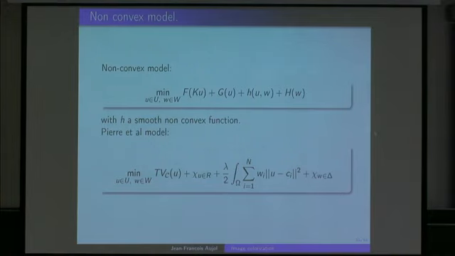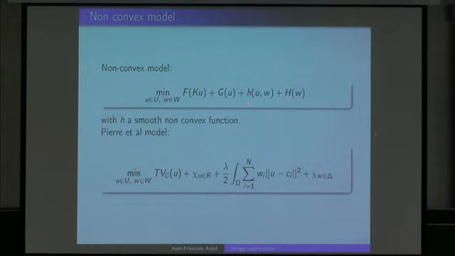So what we have is a non-convex model. Here is the functional we have introduced. The non-convexity comes from this term here, the coupling between W and U. You have a product, which is non-convex. So you can rewrite your functional in a more formal way with F, G, and capital H convex functions.